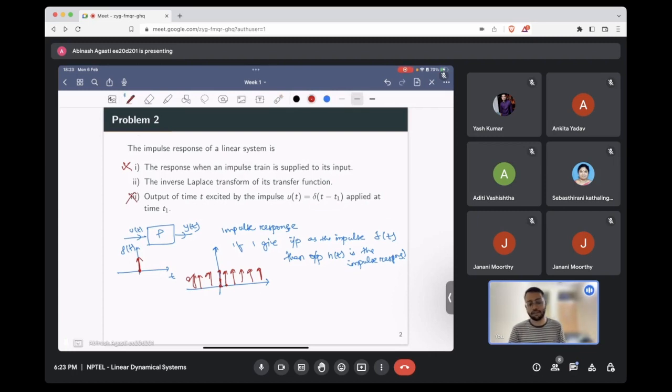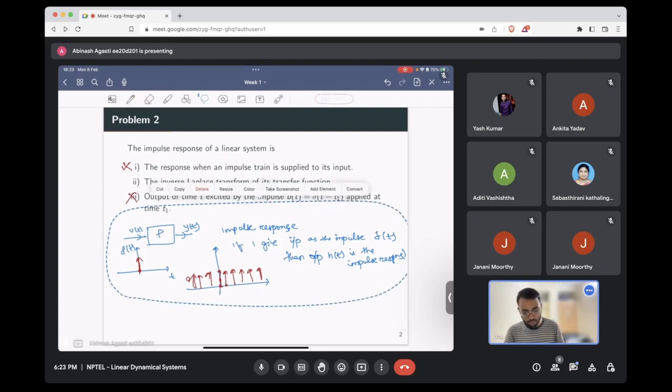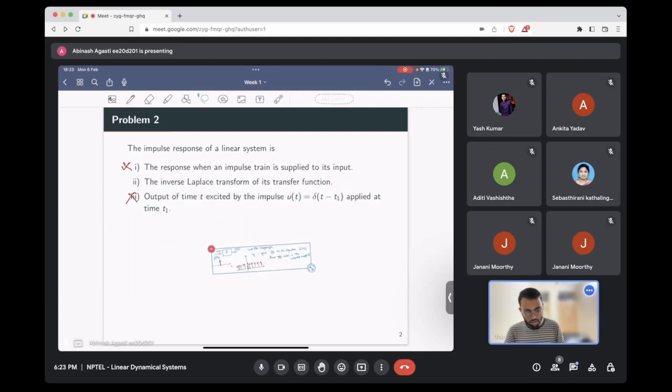Now this one: the inverse Laplace transform of its transfer function. Let's try to see why that is the case. Let's say we have a linear system x dot equal to ax plus bu. Let's say this is an LTI system, and y is equal to cx plus du.